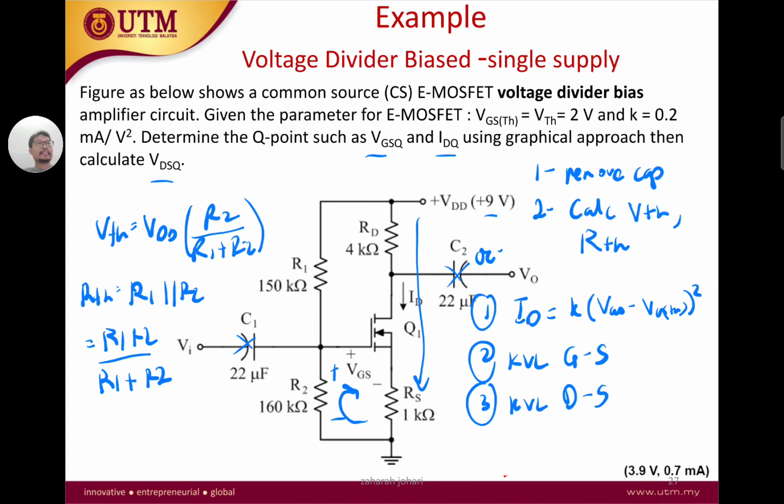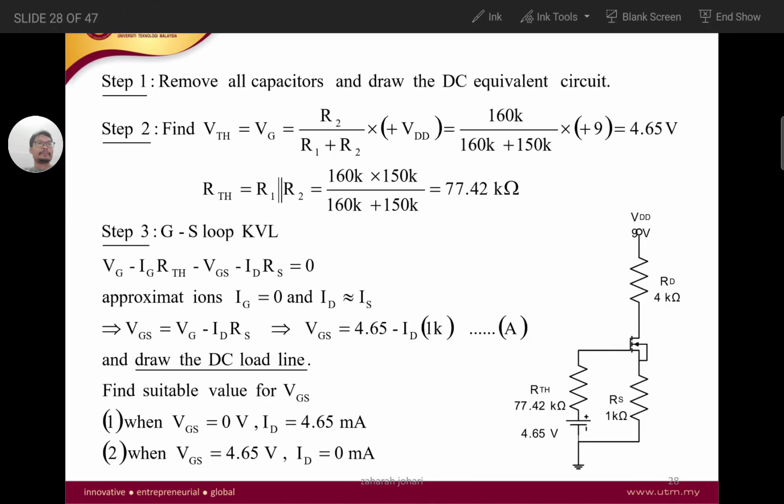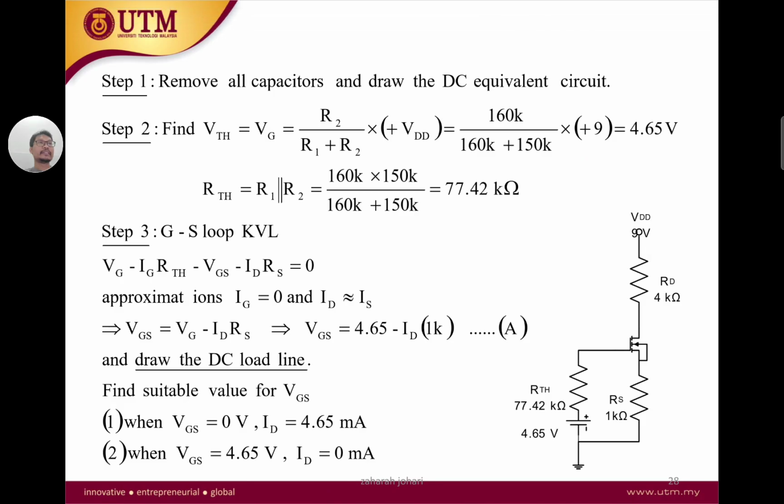Let's have a look at the solution here. The first step is to remove all caps and draw the DC equivalent circuit. Step number two, find VTH. Using the equation just now, with this being our VDD and these our resistors, we get our VThevenin equal to 4.65 volts.